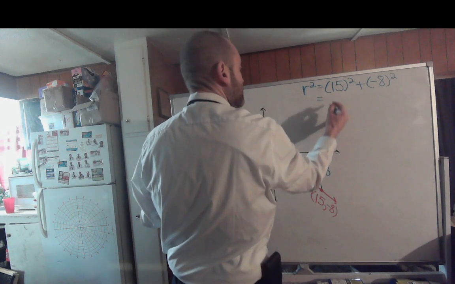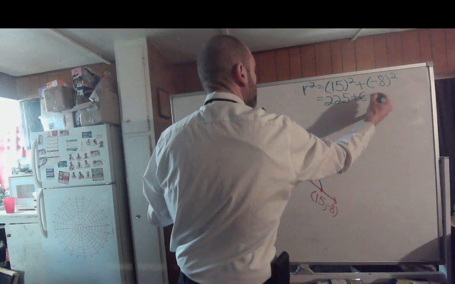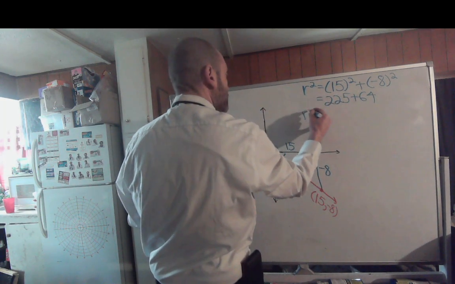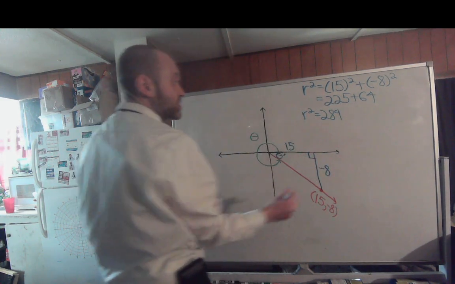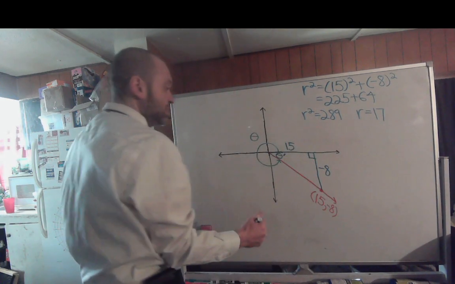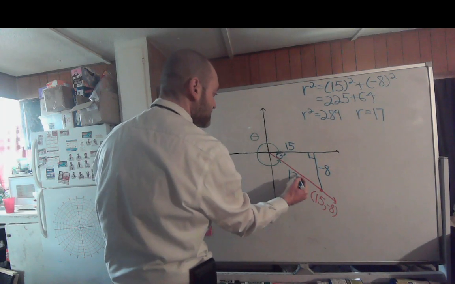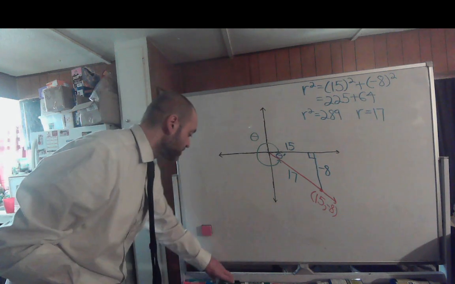So that's going to equal 225 plus 64, which means r squared equals 289, and it turns out the square root of 289 is exactly 17. So that radius has a length of 17. Now we can find the value of the 6 trig functions.